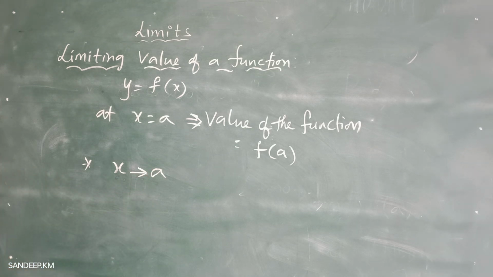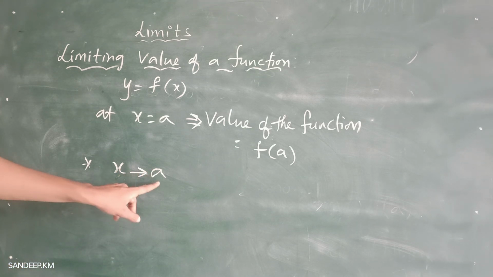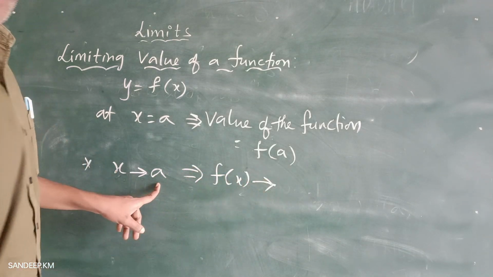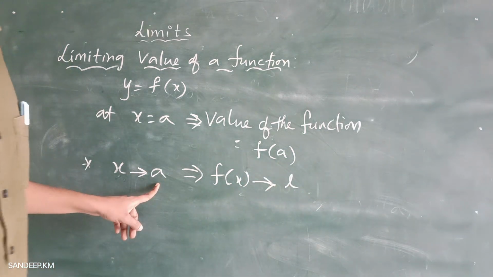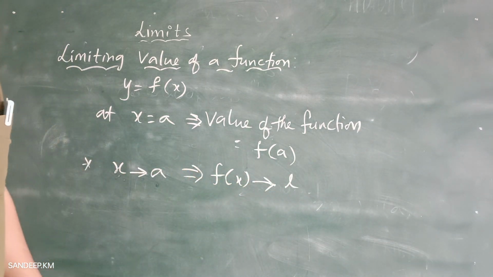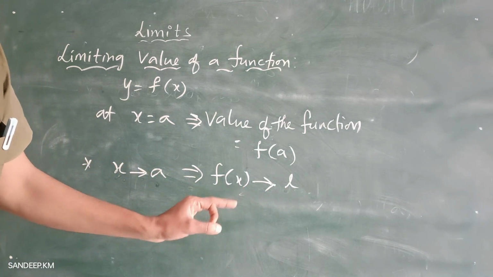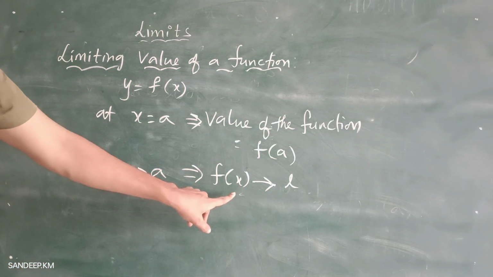Now, when x is approaching a, then f of x approaches one number. Let the number be L. F of x approaches one particular number, and that number is called the limiting value of f of x.